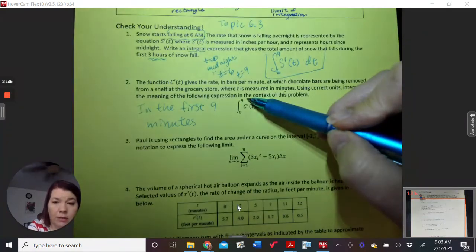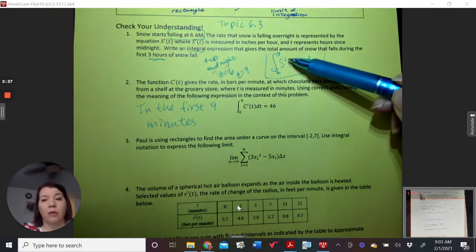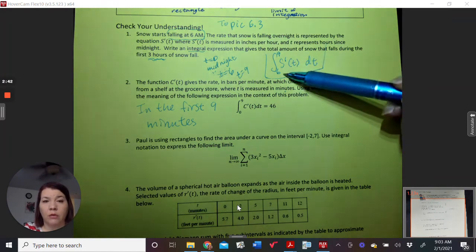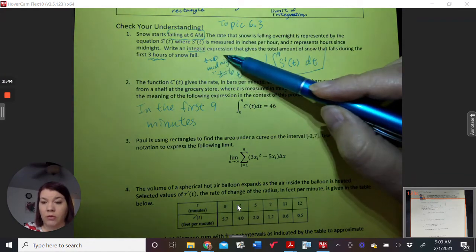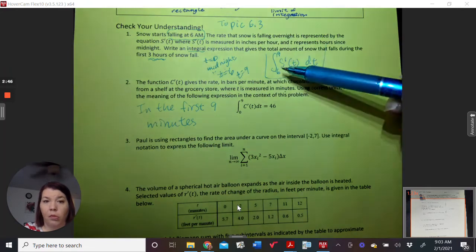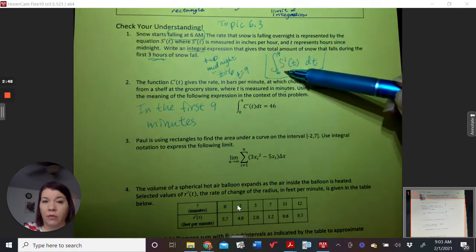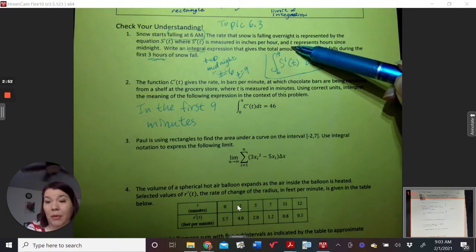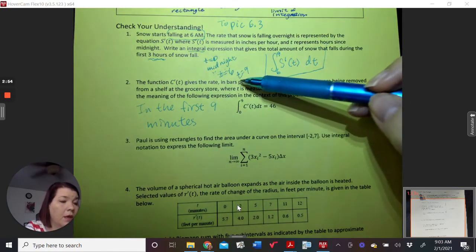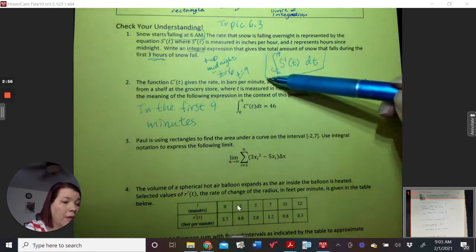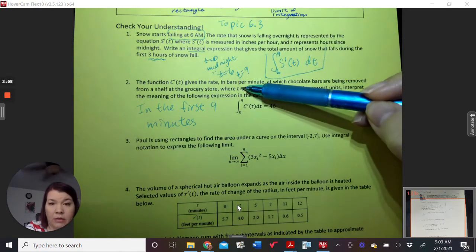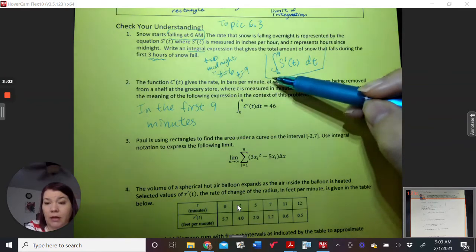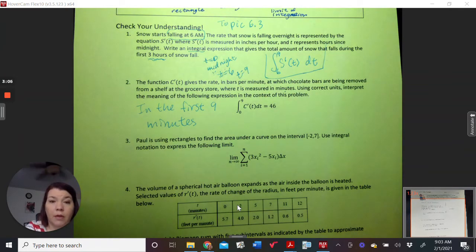So think about going back to this one, in the first 3 hours, but 0 was midnight, so it was from 6 to 9, so for the first 3 hours of snowfall. That's a little bit weird, but that's the idea. And it gives the rate in bars per minute in which chocolate bars are being sold. So c prime of t is bars per minute, so the number of bars sold each minute. When we integrate c prime, we're going to get c.